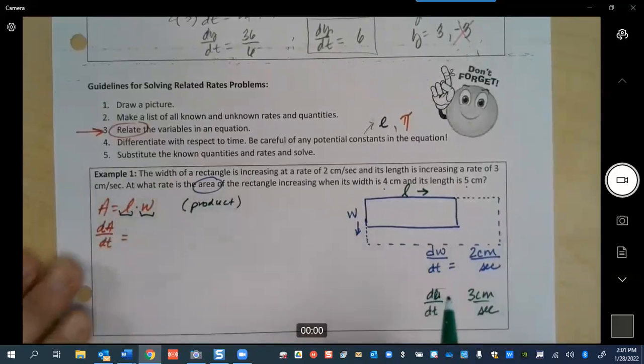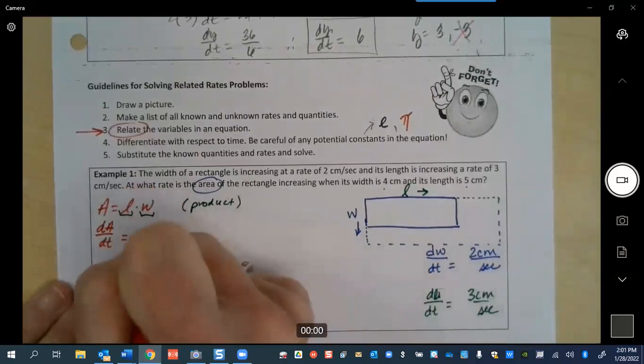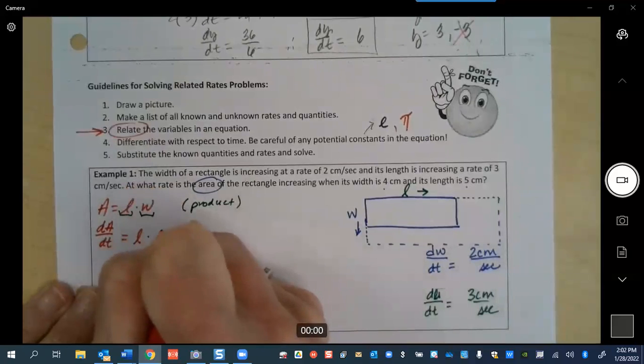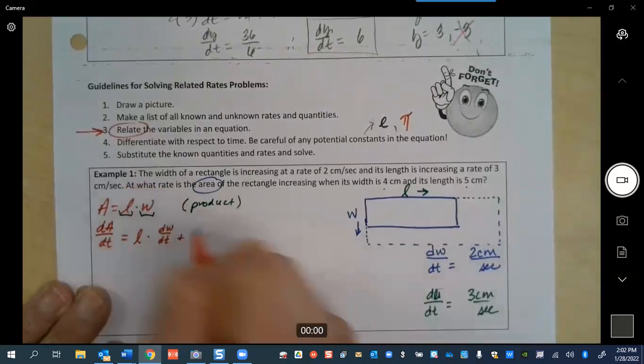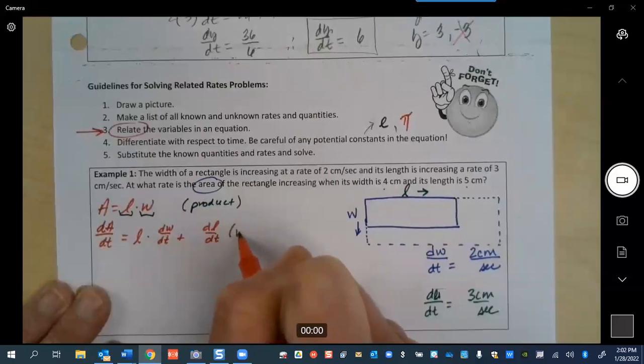I'm looking at my product rule, right? So my first term times the derivative of my second plus the derivative of my first times my second.